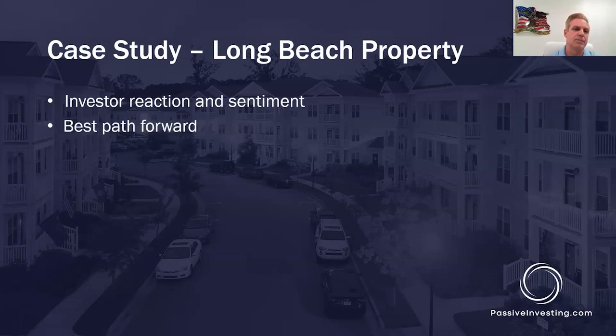For us, the best path forward, we are looking to do the refinance, hence the capital call. I kind of spilled the beans on the investor reaction. We're doing a cash in refinance on this. We think that we could sell the property in a couple years as interest rates trend downward and cap rates trend downward. Your GRMs go up.